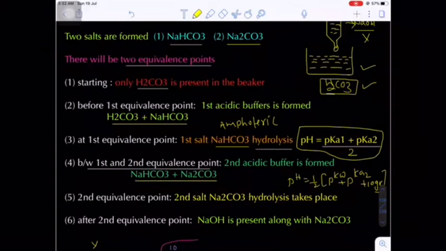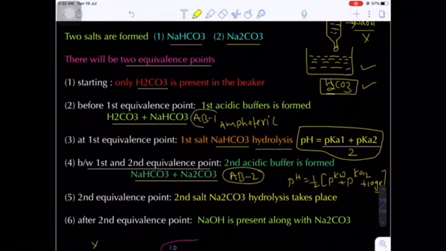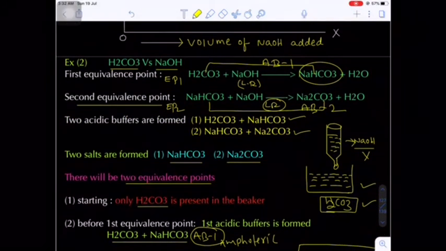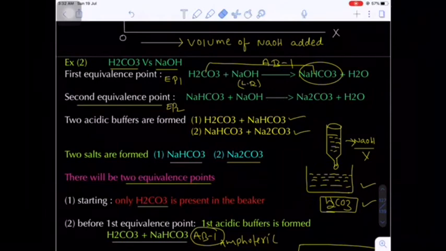So the second buffer solution, before reaching the second equivalence point, will be sodium bicarbonate and sodium carbonate, the second acidic buffer. The first acidic buffer is before reaching the first equivalent point, and the second buffer is before reaching the second equivalent point.